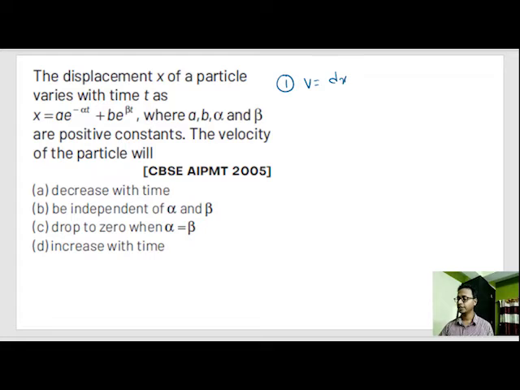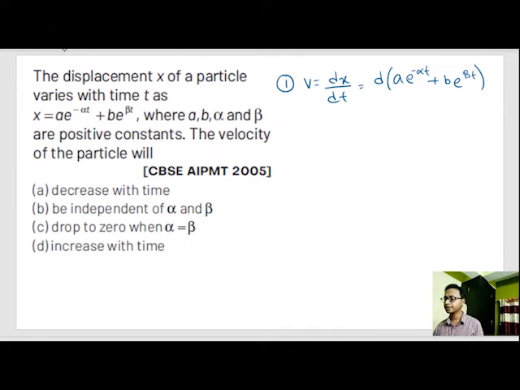So velocity is equal to dx by dt. We have to differentiate this equation with respect to time: d of a e to the power minus alpha t plus b e to the power beta t.